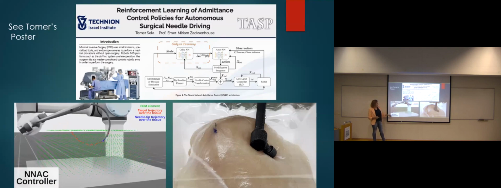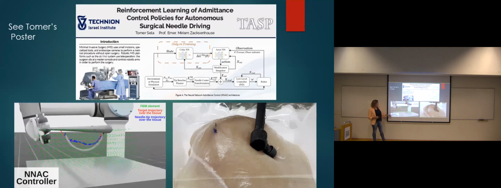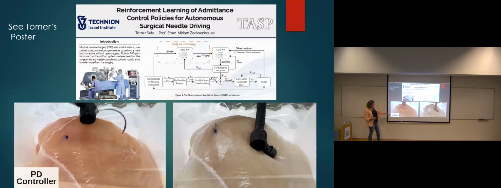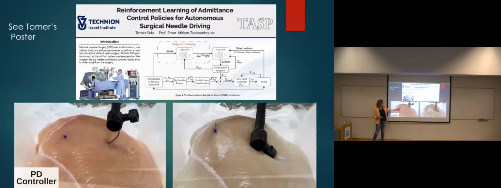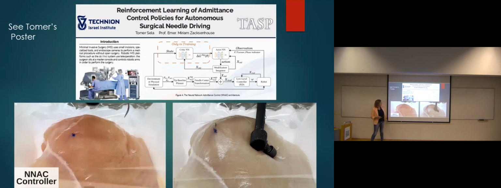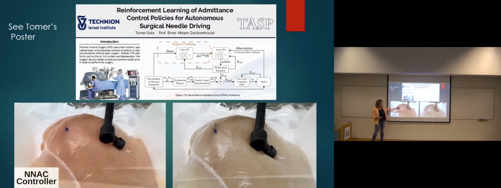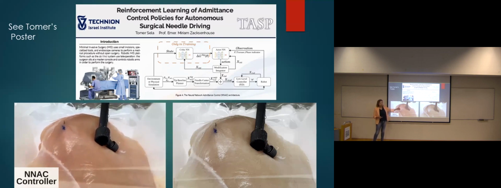This is the controller that we developed, which we see follows very nicely. And in those experiments, the first one is a standard PD controller. You will see that it misses the point that it was supposed to. It gets out like around here. It's very far from the target. And this is the controller that we learned and developed, and it's much closer to the result.